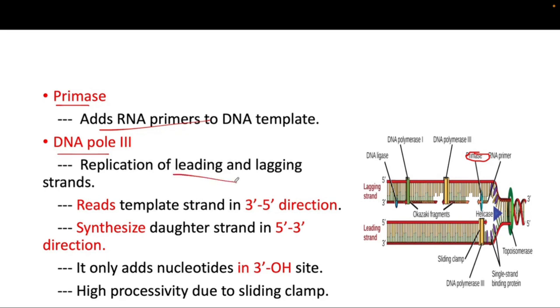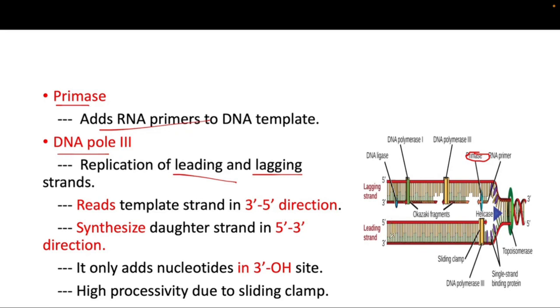And they start replicating the leading and the lagging strand. Okay, so here in the image on the right, the bottom one is the leading strand and the top one is the lagging strand. And as you already know, the DNA is in an antiparallel fashion. So this is 5 prime, this is 3 prime, and this is 5 prime. The DNA polymerase starts reading the parental strand from 3 prime to 5 prime direction.